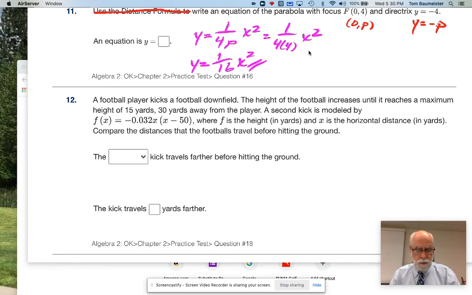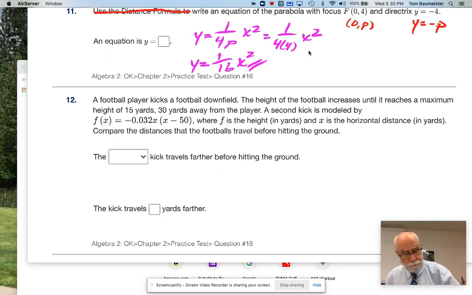A second kick is modeled by f of x is equal to negative 0.032, or that would be 32 thousandths, x times x minus 50, where f is the height in yards and x is the horizontal distance in yards. Compare the distances that the footballs travel before hitting the ground. So you're looking at the actual horizontal distance.